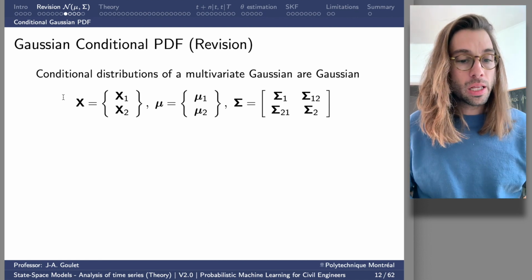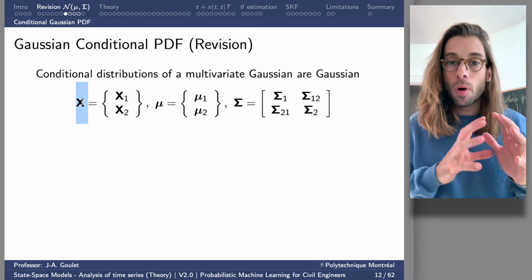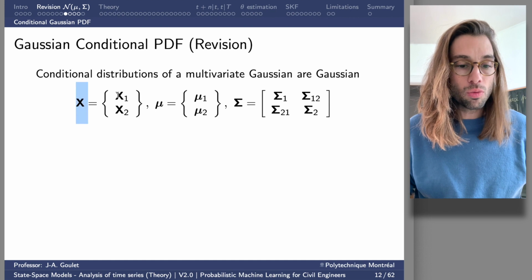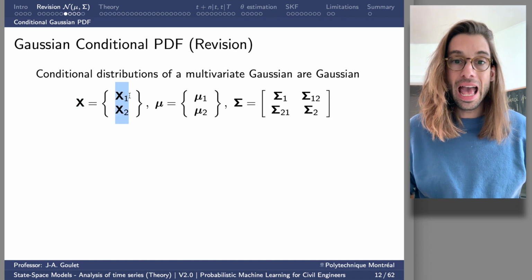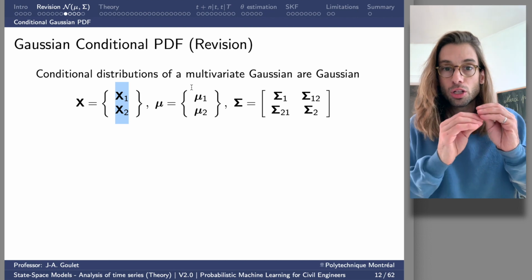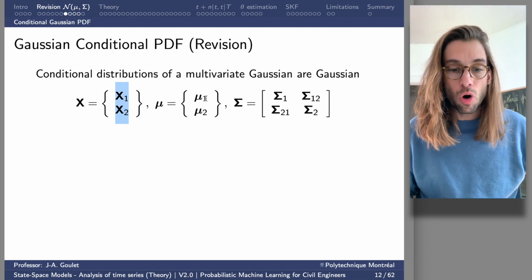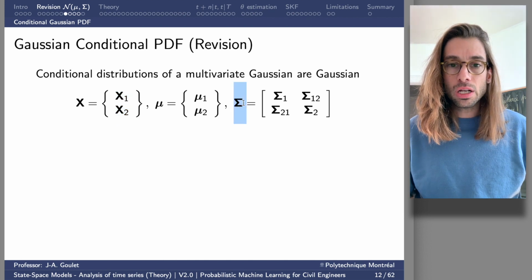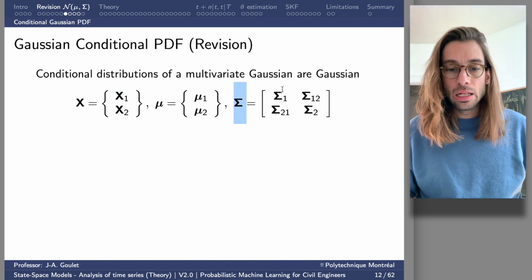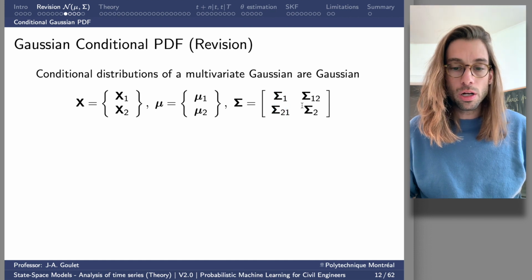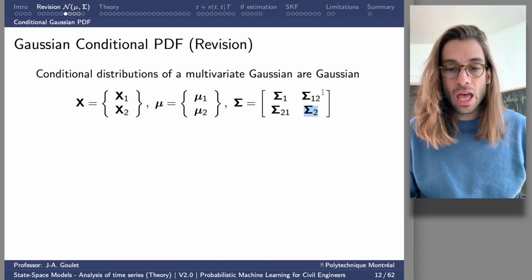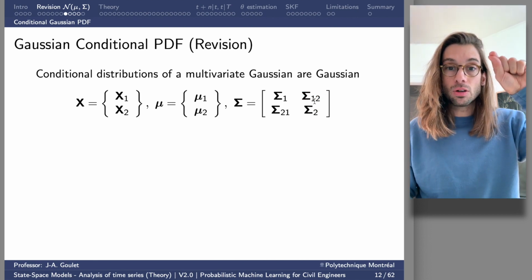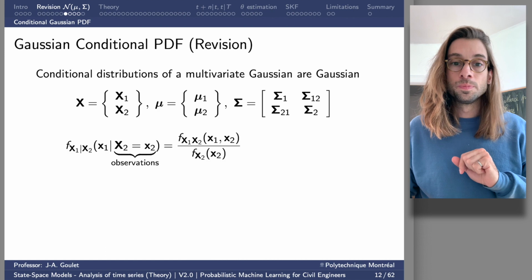So here let's consider x to be parted into two sub-vectors, x1 and x2. We're also going to split the expected value into mu1 and mu2, each being vectors. And my covariance matrix is going to be split into sigma 1, the covariance for x1, sigma 2, the covariance for x2, and sigma 1,2, my cross covariance between the vector x1 and the vector x2.